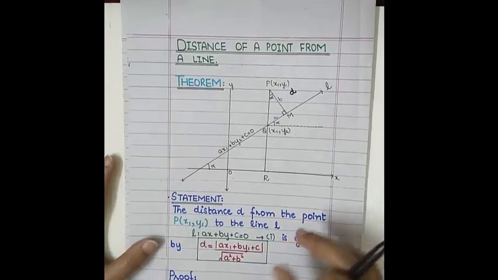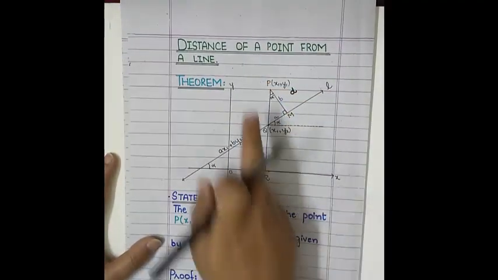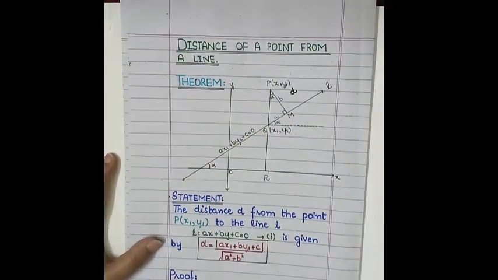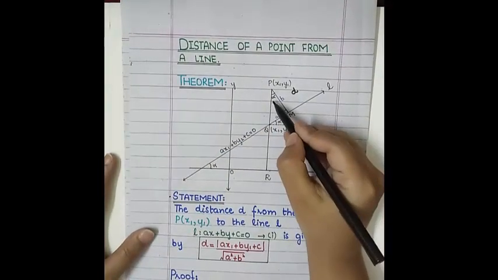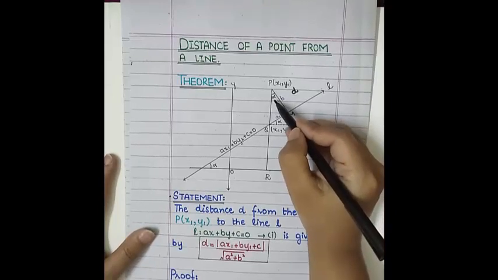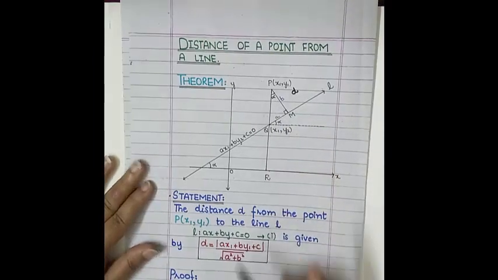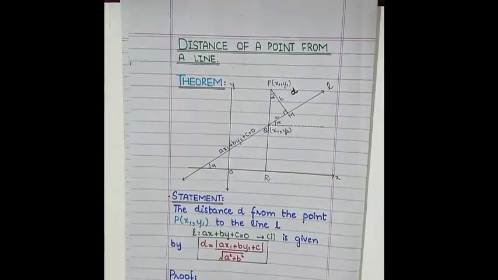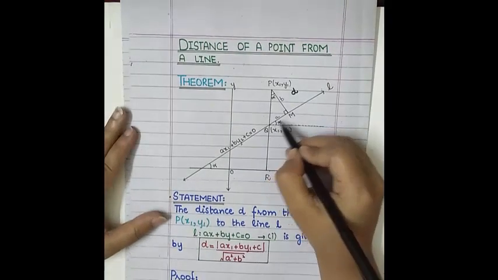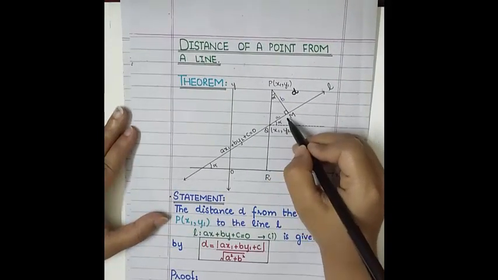We are only interested in this side, as we have to find the distance of the point from this line, PM. Here we have angle alpha, and if we have to find a side which is adjacent to the angle, we always use cos. And when we have to find a side which is opposite to the angle, we always use sine.